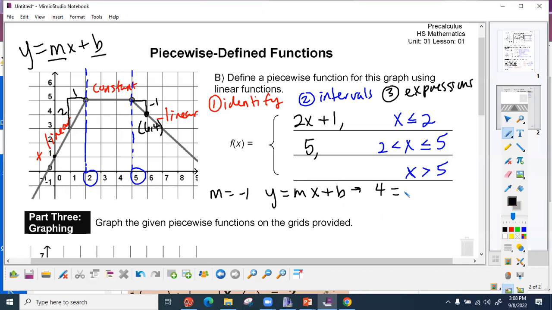Our slope is what? -1. And what is our x? 6. So we have 4 equals -6 plus b. How do I solve for b? Add the 6. And so what is our b?